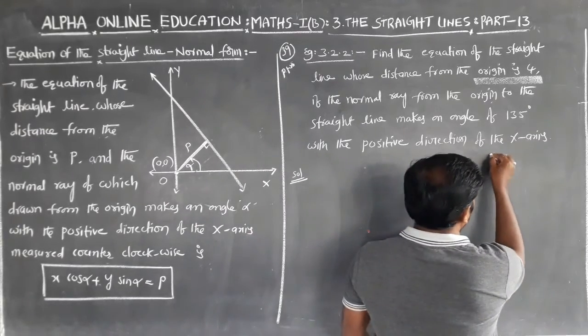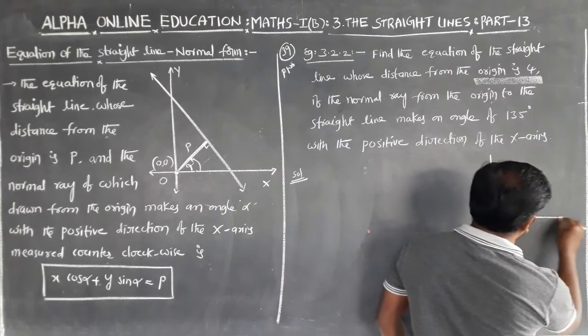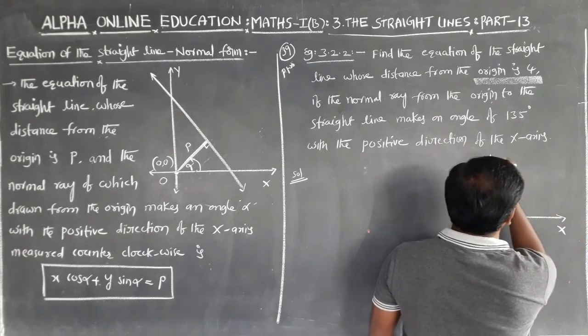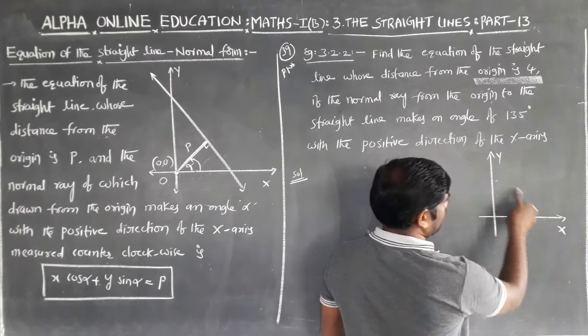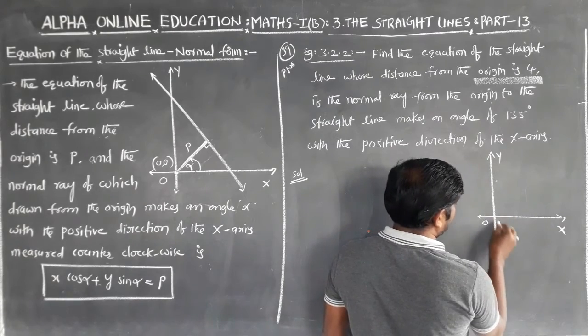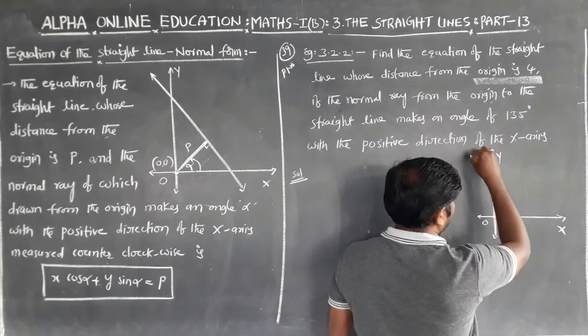This is the equation of the straight line in normal form. This is the x-axis, this is the y-axis, this is the origin.